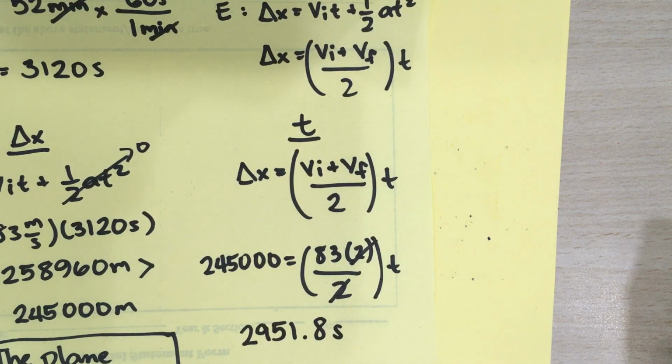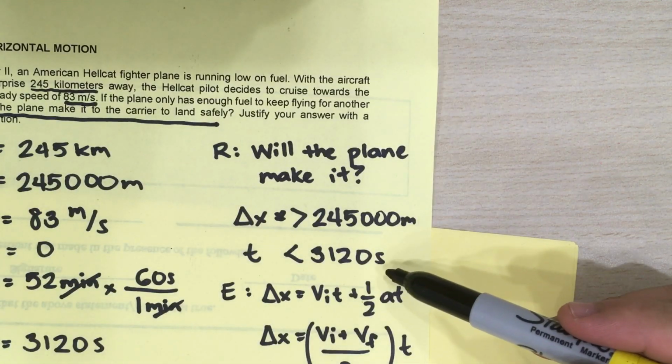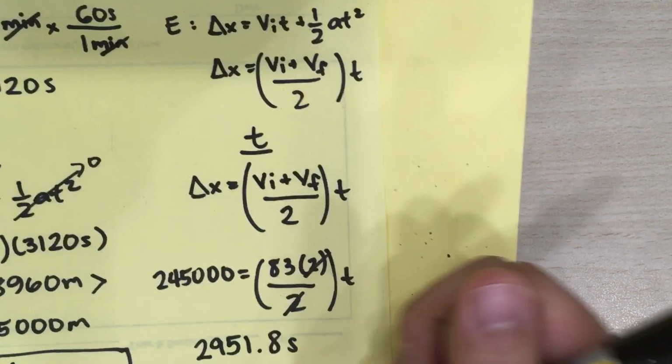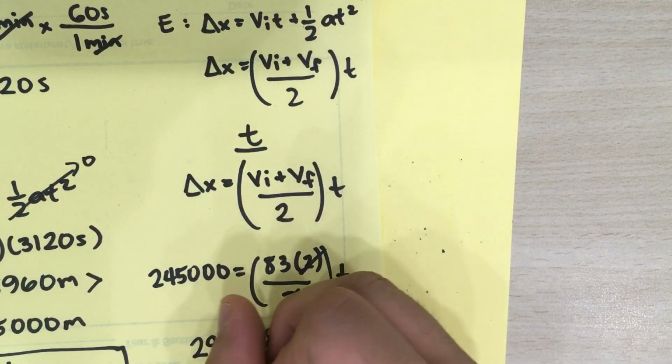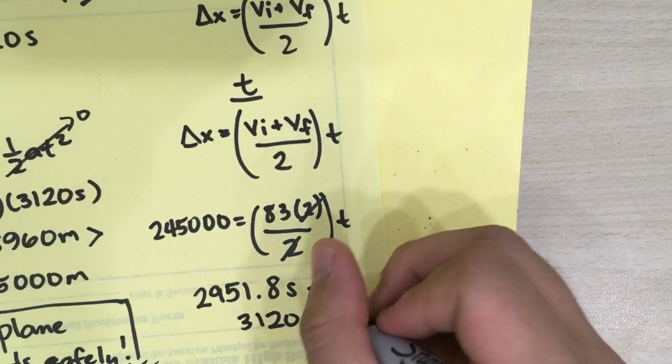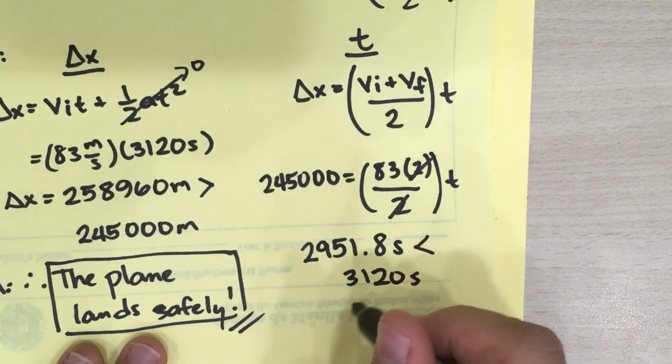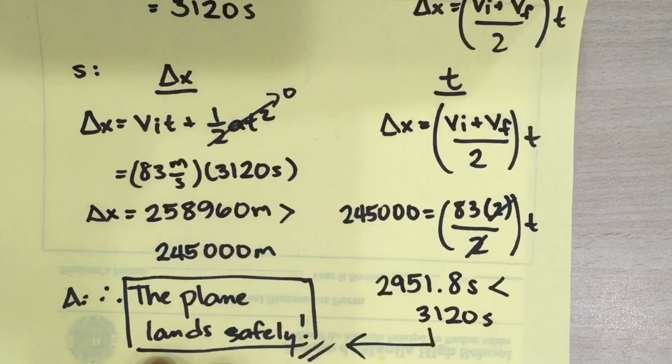Now, is this less than the time that we set, which is 3,120? Definitely, 2,951 is less than 3,120 seconds. Therefore, it is also proven that your plane lands safely.